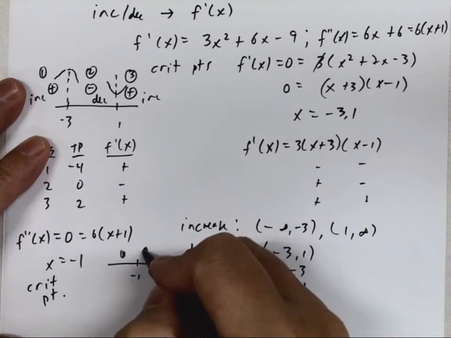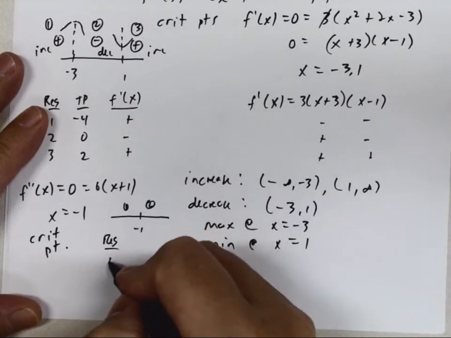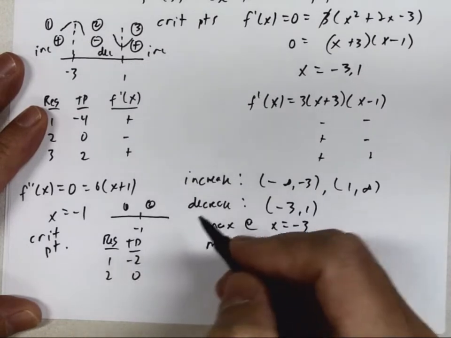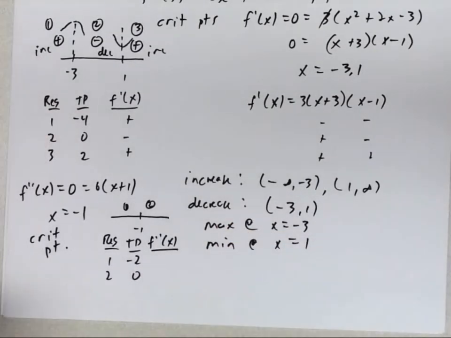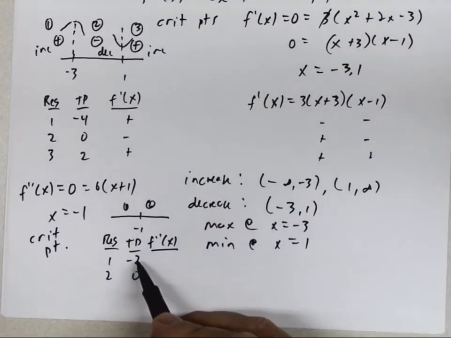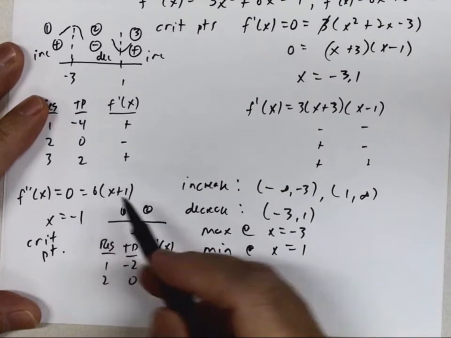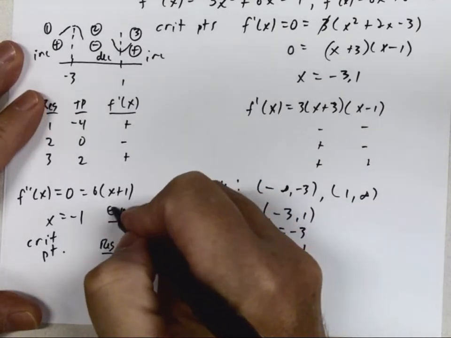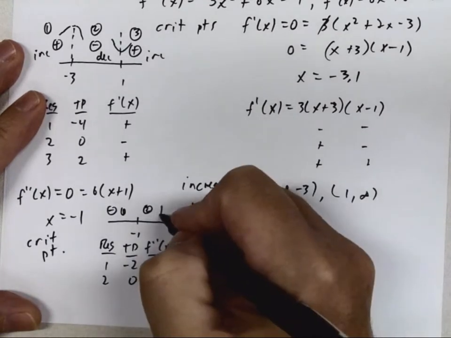I'm going to have two regions. Test points, -2 and 0. What's the sign of the second derivative when x is -2? If I go up here, plug in -2, looks like the whole thing is negative. When it's 0, looks like it's positive.